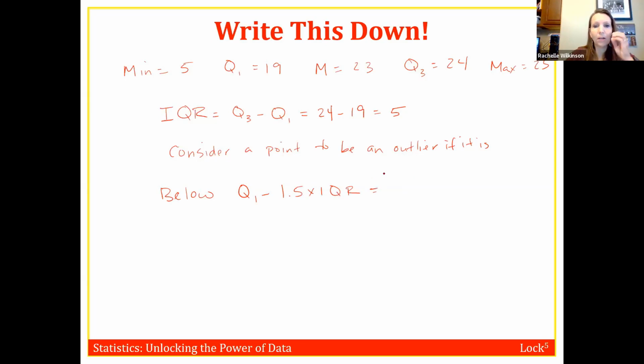Okay, so now we can fill in those values. So Q1 was 19, and then we're going to subtract 1.5 times the IQR, which remember we just calculated the IQR to be 5. So I'm going to take 19 minus 1.5 times 5.